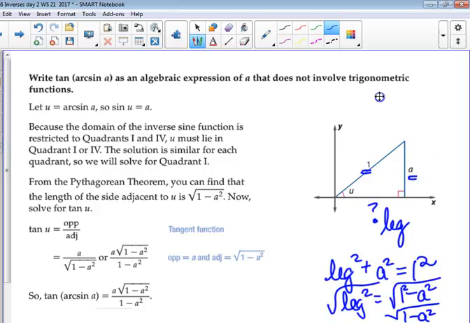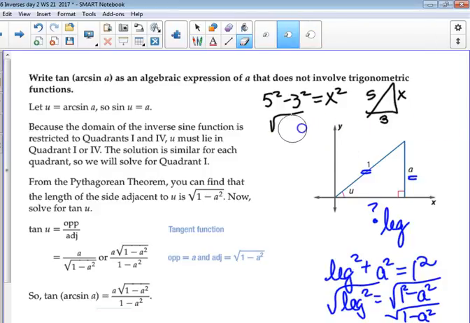Let me back up for a minute and prove this to you, okay? If I had a 3, 4, 5 triangle, you would do 5 squared minus 3 squared equals x squared, yes? I want to write the square root of 5 squared minus 3 squared.